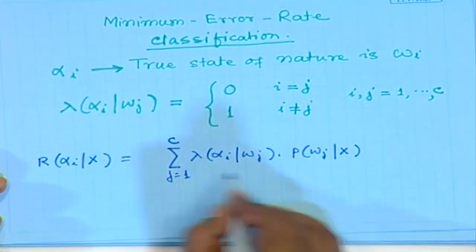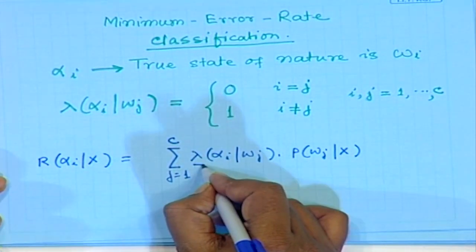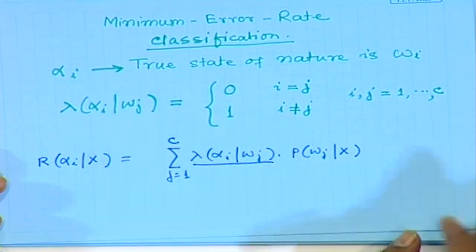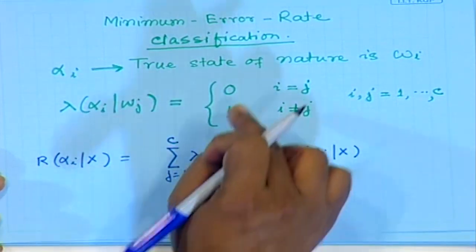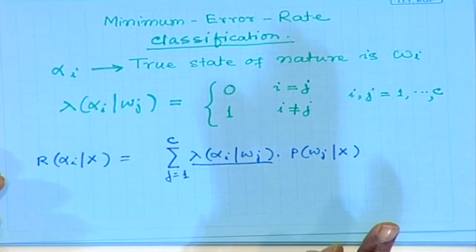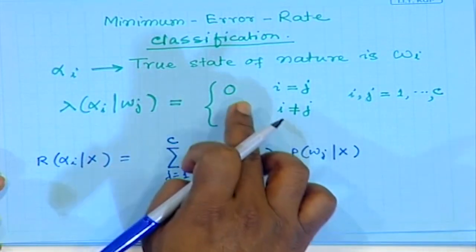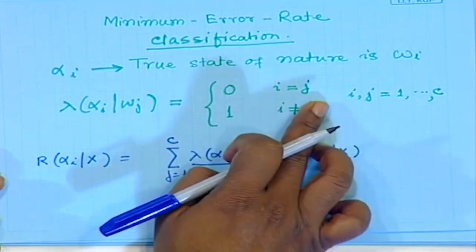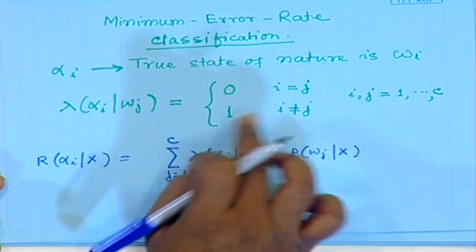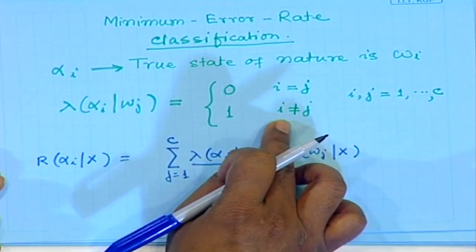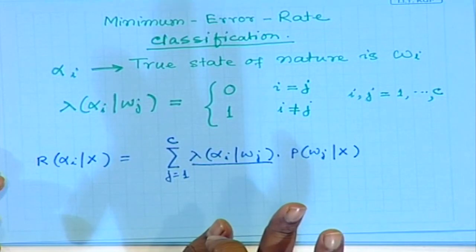Over here, what is the nature of this lambda alpha i given omega j? This is either equal to 0 or equal to 1, right. It is equal to 0 whenever i is equal to j, and it is equal to 1 whenever i is not equal to j.